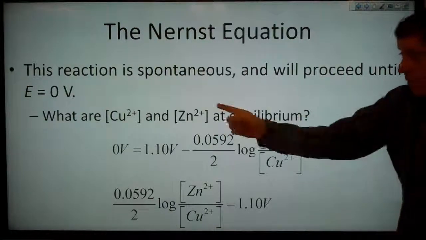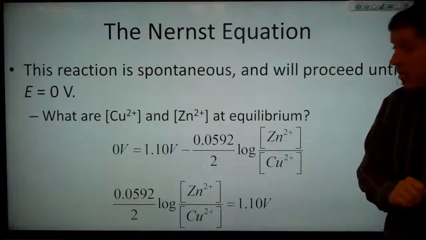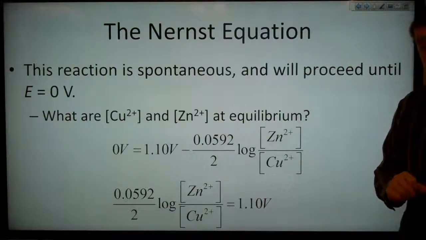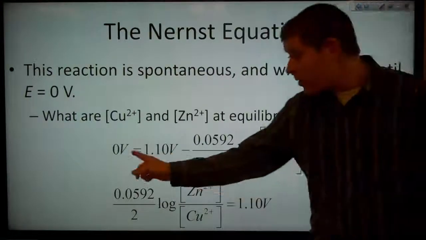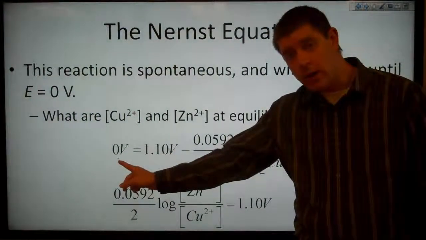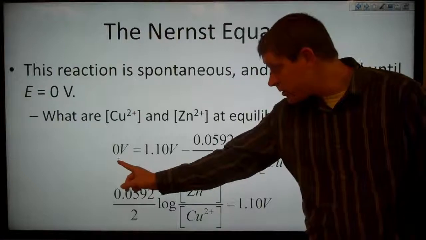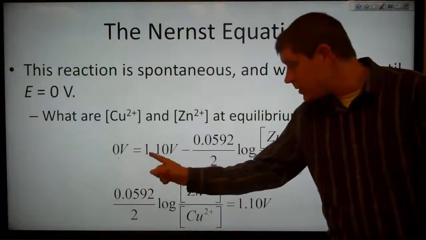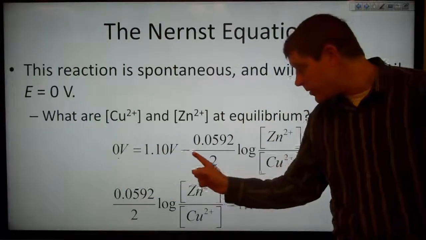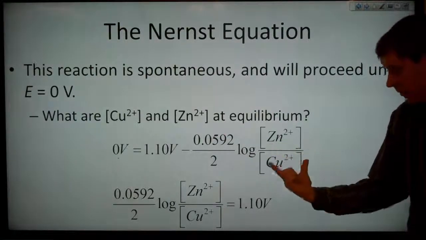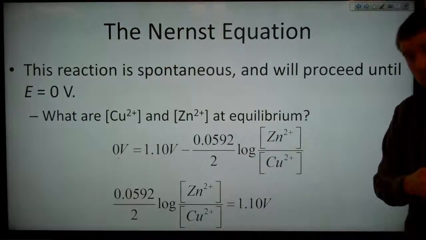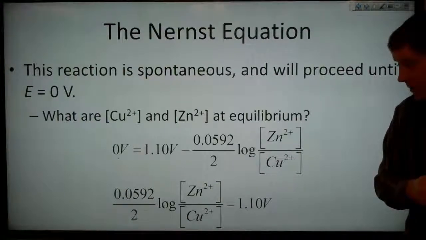So, what are our concentrations for copper ion and zinc ion at equilibrium? Well, at equilibrium, our cell potential is 0 volts. So we have 0 volts is equal to plus 1.10 volts minus 0.0592 over 2 times log of the ratio between our zinc 2+ and copper 2+ concentrations.